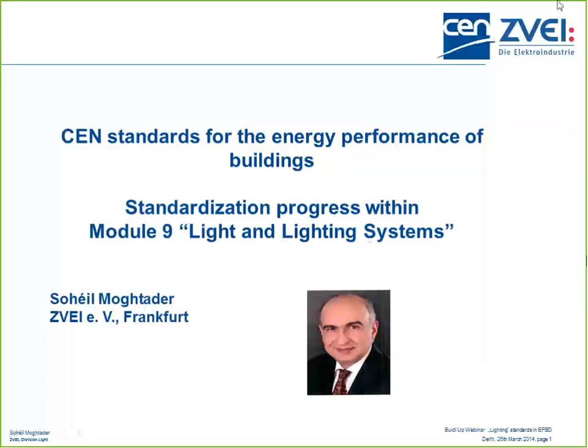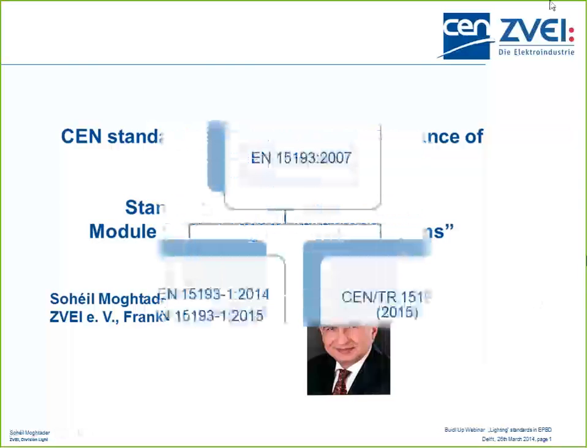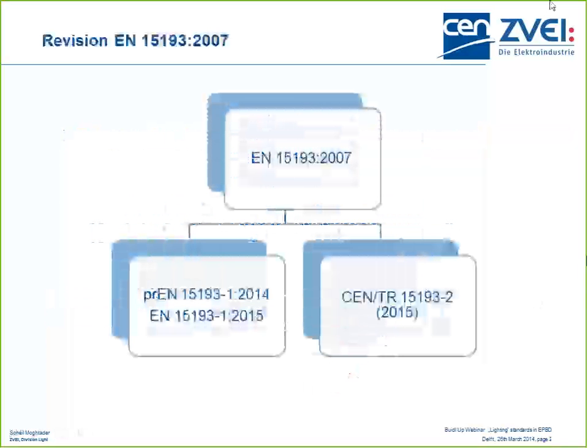So the situation of lighting is something which is in a way special, and that is also the reason that there is only one standard that is revised within the part of lighting. In lighting, we have the visual task, and it is very important that the lighting conditions for this visual task are fulfilled.